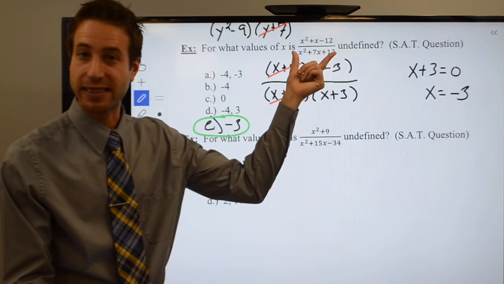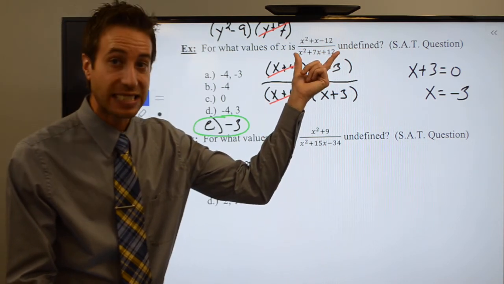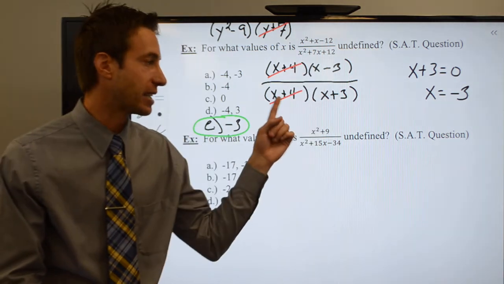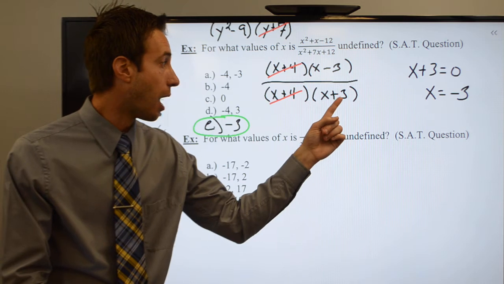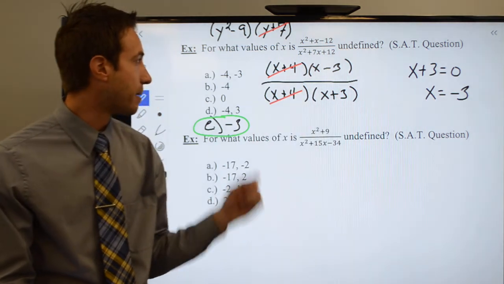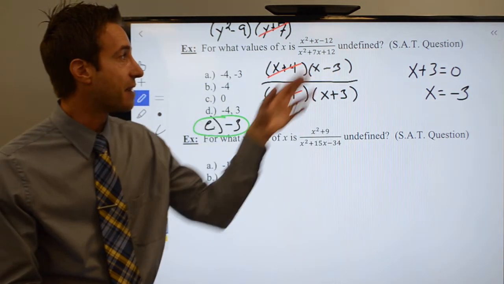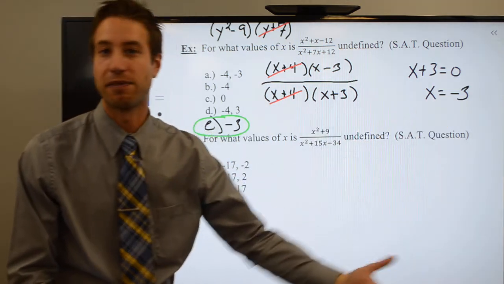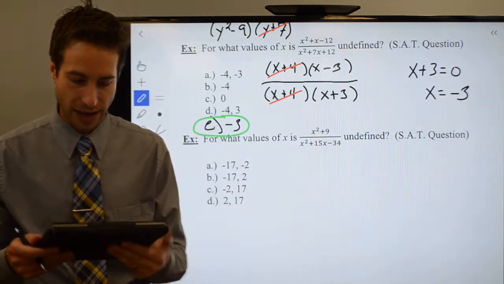They just want you to take the expression as it's written, take that denominator, factor it, and figure out when it'll be 0, in which case it'd be a minus 4. Minus 4 and a minus 3, so that would be A. If they ask you to simplify it, you simplify it first, then get your restricted domain value.